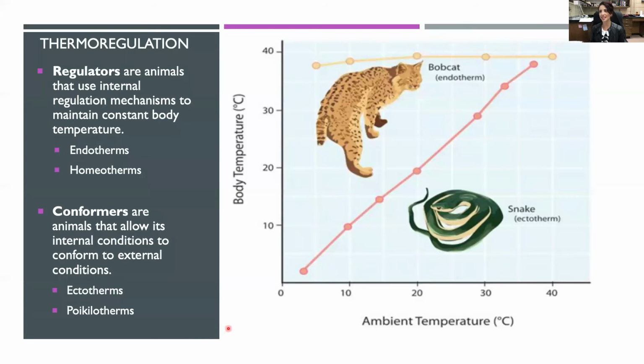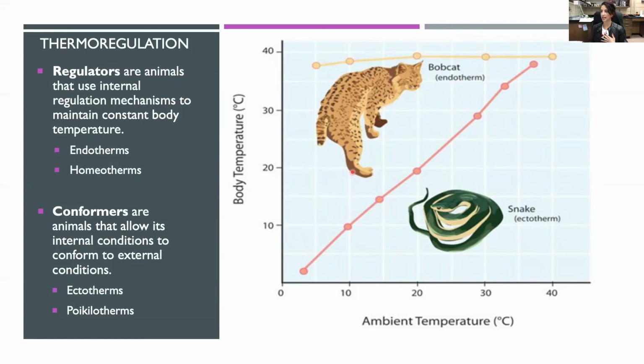So we've mentioned this thing called thermoregulation. And there are two main types of animals. We have ones that are going to regulate their internal body temperature, and those that do not. So a nice example here of a regulator is our bobcat. These bobcats are animals that use internal regulation mechanisms to maintain constant body temperature.